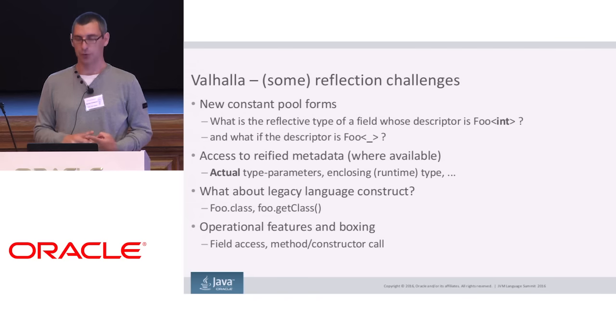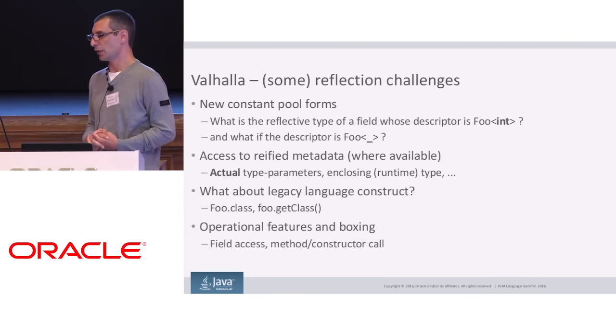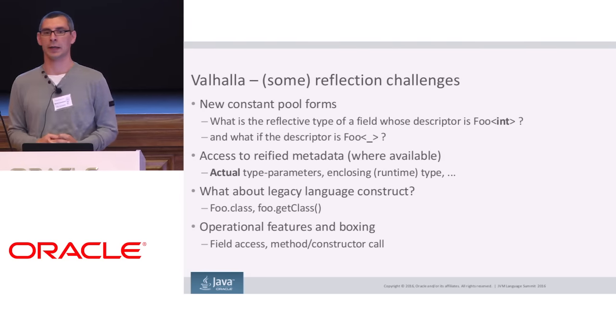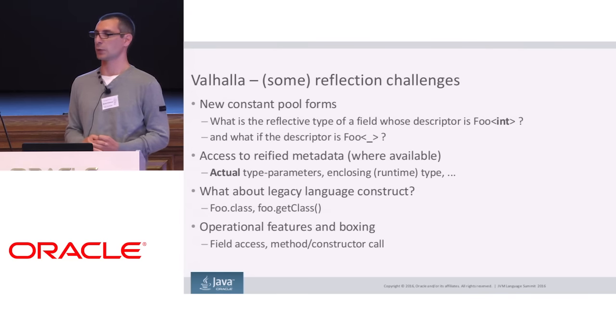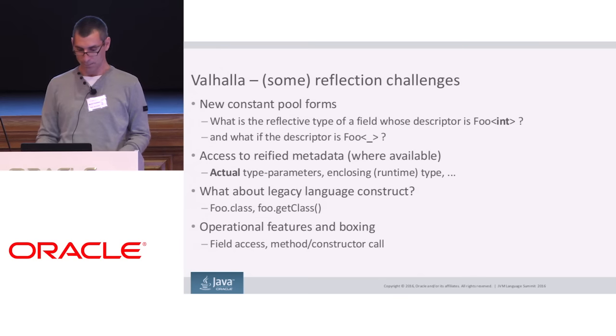A second challenge is to actually provide access to the specialized metadata. So if I have a Box of int, I may actually be interested in knowing that my Box is being specialized with an int. That's something different from what I had before, where everything kind of went back into the same artifact. Now we have different artifacts, and I may want to know about the difference at runtime.